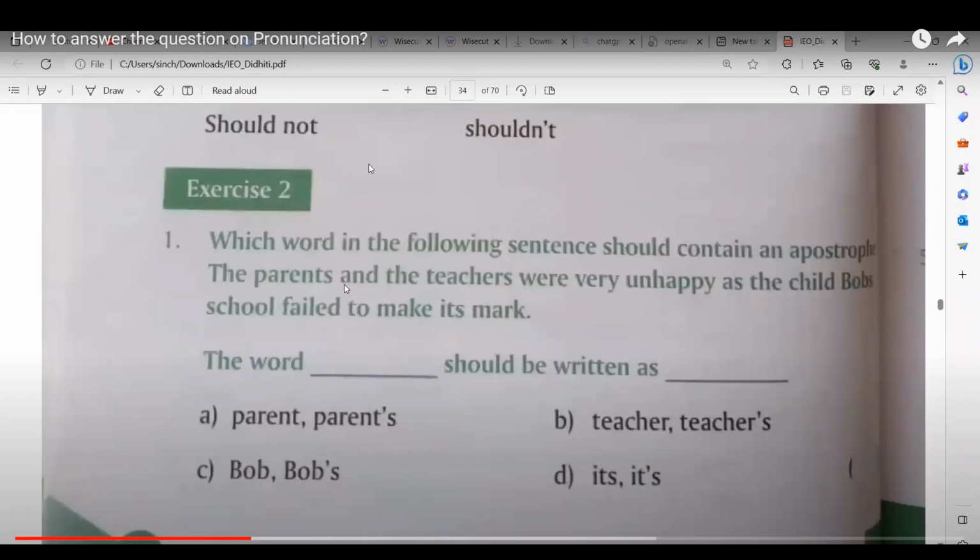Yes, tell me, Shivam, the first one, what is the answer? I had not go to the market. This is wrong. I had not gone to the market. Or she had not gone to the party.